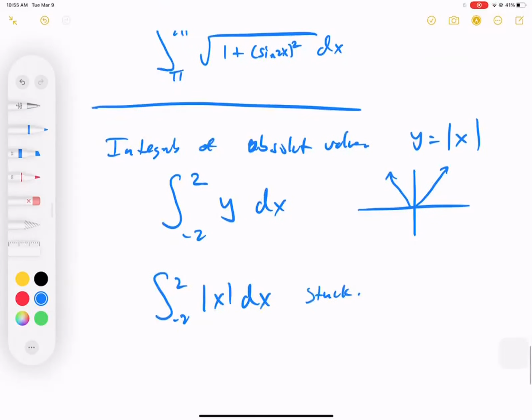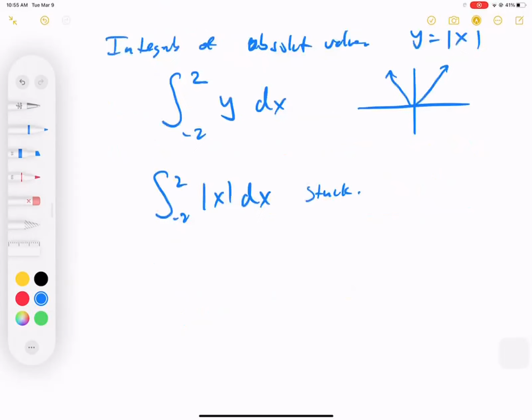So instead, what we do is we talk about this function y. Y is a set of equations of x. When x is less than 0, if I plug in numbers less than 0, aren't those going to be negative? And what we do is we put a negative in front to force it to be positive. We do this manually.